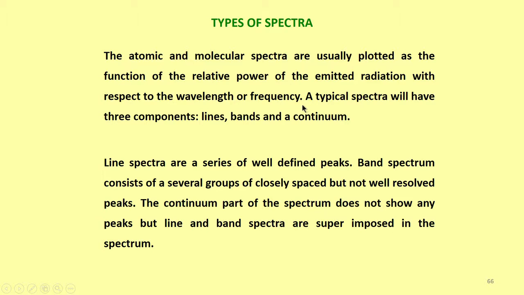A typical spectra will have three components. One is it can be a simple sharp line, or it can be a band, or it can be a continuum. You cannot make out a specific part of the spectrum. Okay, this is an absorption or this is an emission.